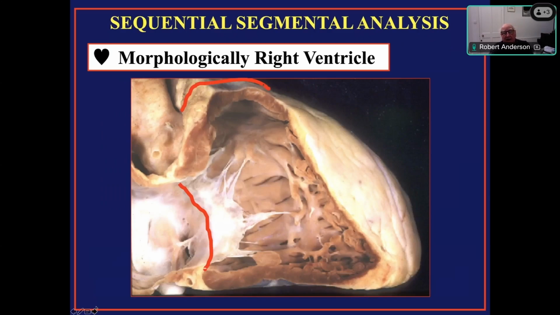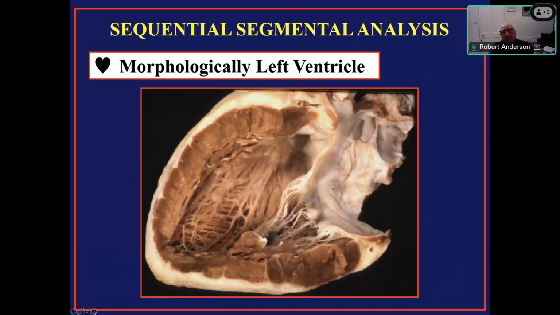And then as you look at this morphologically right ventricle, it has an obvious inlet, it has an apical component, and it has an outlet, which in the morphologically right ventricle is the tubular infundibular sleeve. If we then look at the morphologically left ventricle, again it extends from the atrioventricular to the ventricular arterial junctions, and once more it has an inlet, an apical trabecular component, and an abbreviated outlet, but still an outlet.